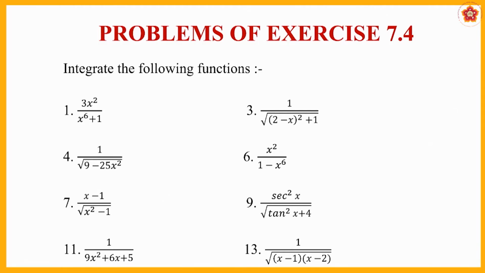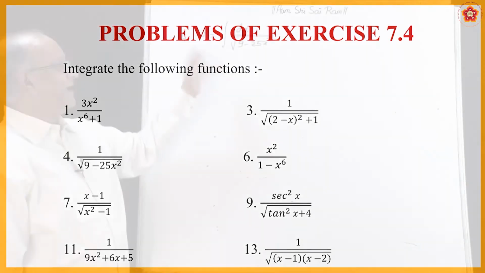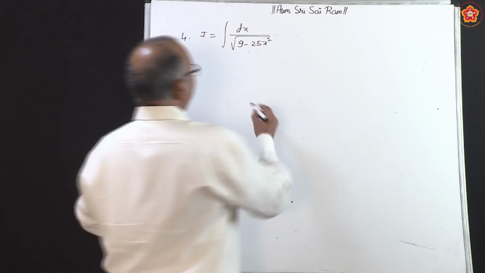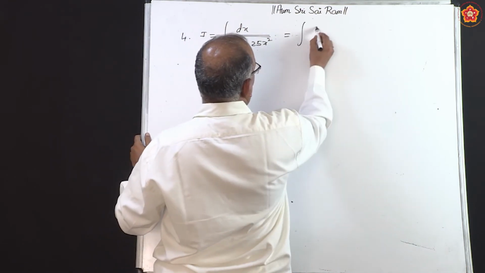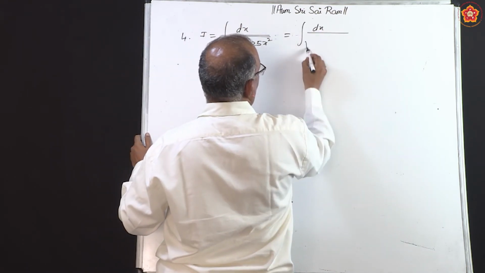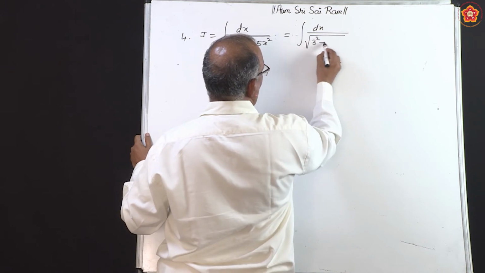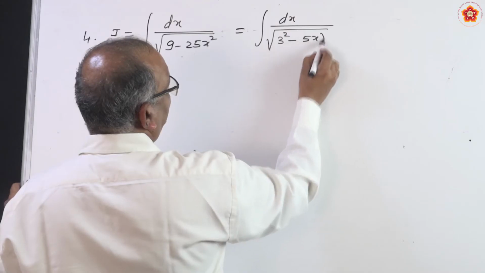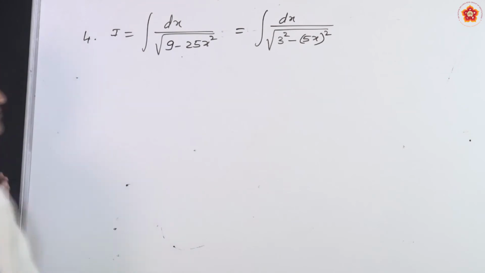Problem number 4. How to do? It appears to be a direct formula. How this can be written as the integral of dx upon under root of 3 square minus 5x whole square.